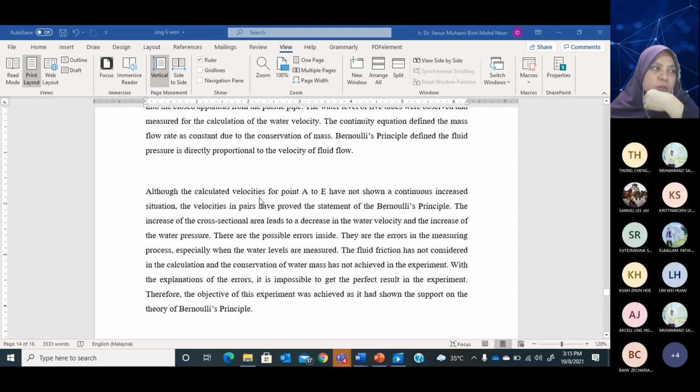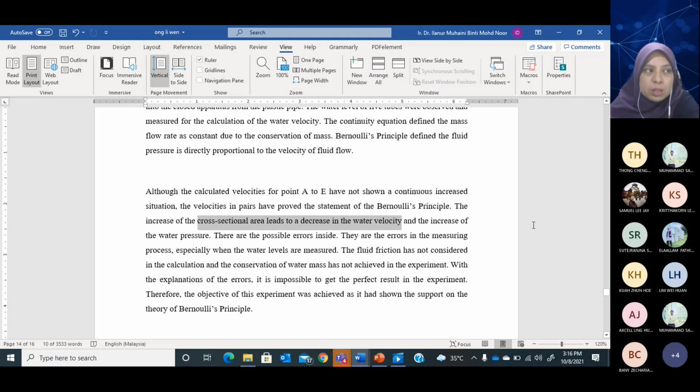Although the calculated velocities for points A to E have not shown a continuous increase, the velocities in pairs have proved the statement of Bernoulli's principle: the increase of the cross-sectional area leads to a decrease in the water velocity.